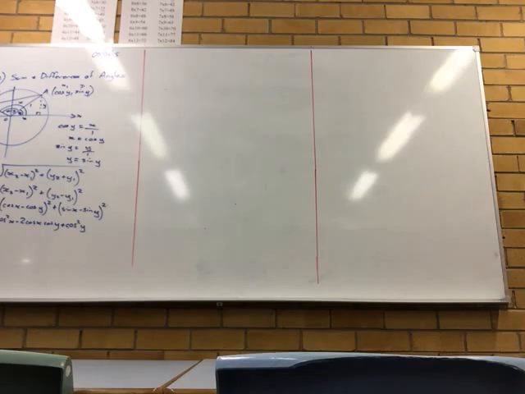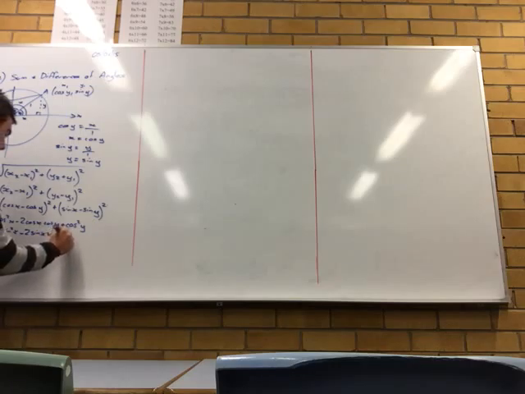And then expand that second bracket. So you've got sine squared x, take away 2 sine x sine y, plus sine squared y.